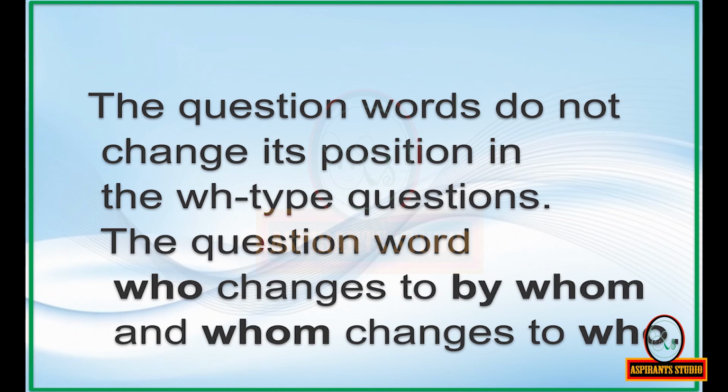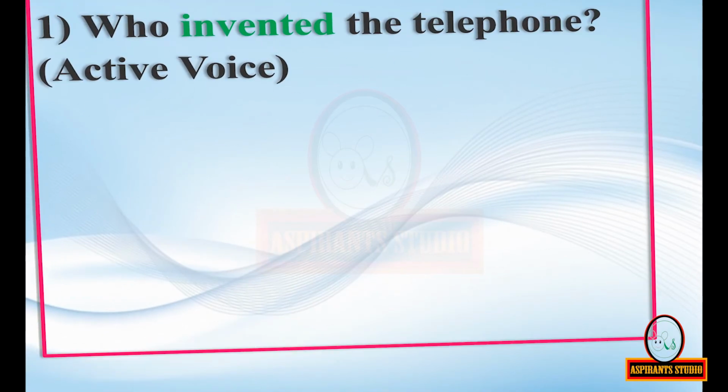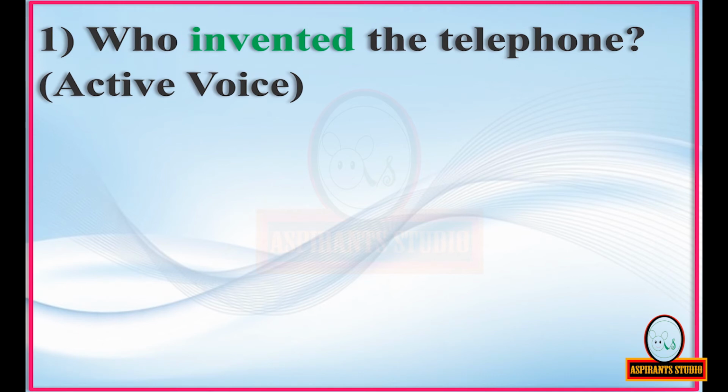The question words do not change their position in the WH type questions. The question word who changes to by whom and whom changes to who. Who invented the telephone?